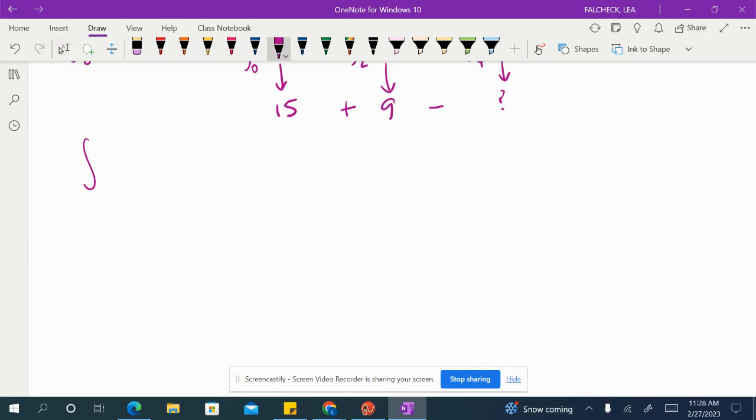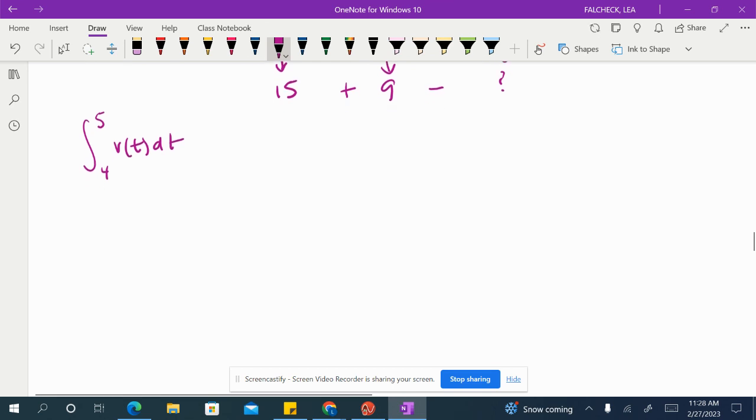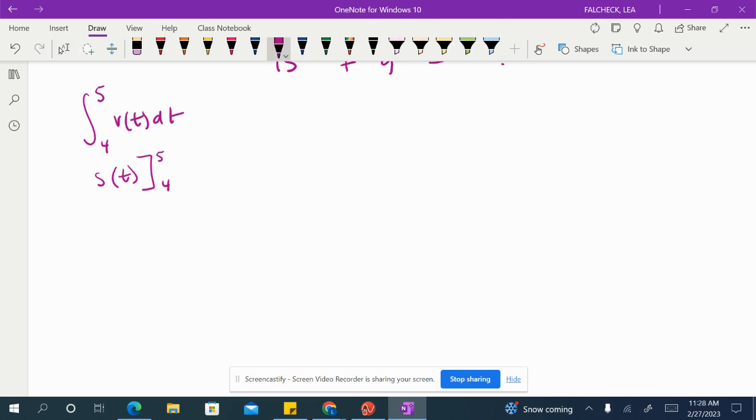Okay, so down here, what I'm trying to figure out right now is if I integrated the velocity function between 4 and 5. So I know that the antiderivative of the velocity function is going to be the position function. And then I know that I'm going to be evaluating s of t at 5 and then subtracting s of 4.